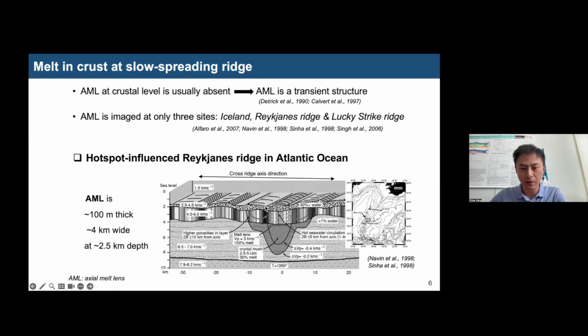So the first example here is the Reykjanes ridge in the North Atlantic Ocean, which is influenced by the Iceland hotspot. And at this ridge segment, the axial melt lens is about 100 meters thick, 4 kilometers wide, at about 2.5 kilometer depth. And its lateral, or along ridge axis, extension is not constrained.